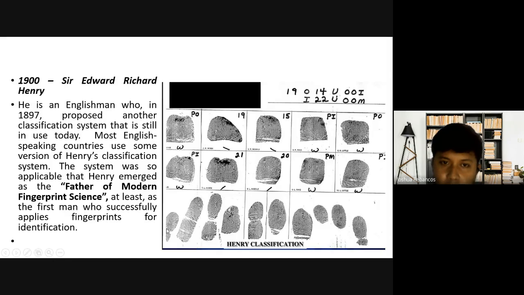Ito yung pinky, ring, middle, and index. Ito yung ginagamit natin. Ito, may binibilang-bilang siya. Okay? Pag ganito, left siya, ibig sabihin ulnar loop. Ulnar loop. Ito naman, nasa left siya, ibig sabihin radial loop.